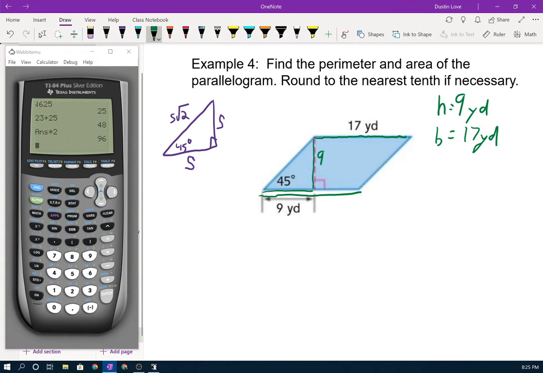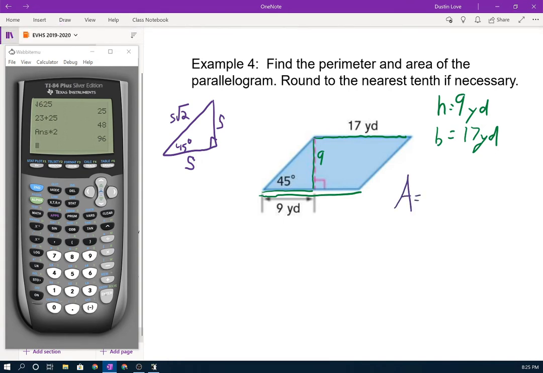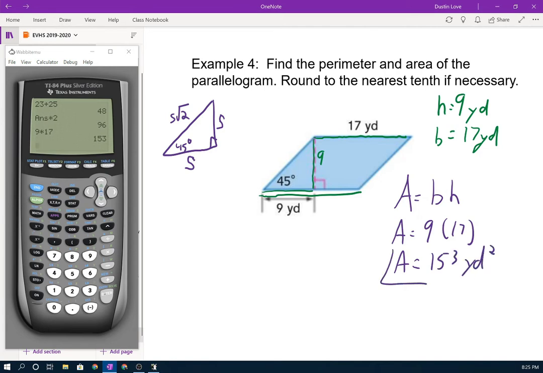So to find my area, base times height, so that's just 9 times 17. 9 times 17 is 153 yards squared.